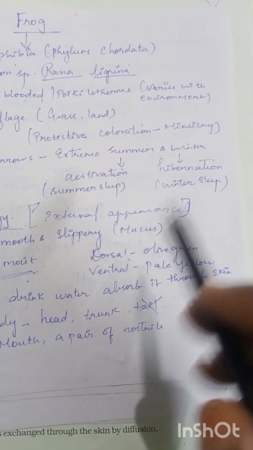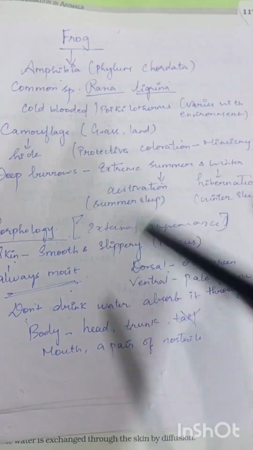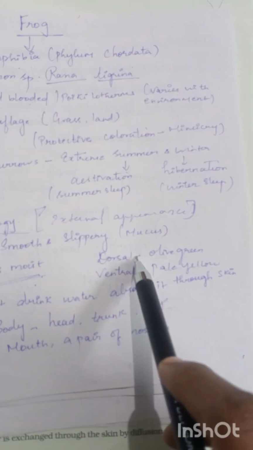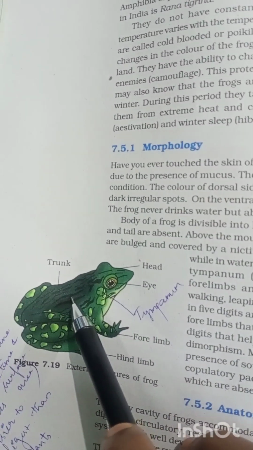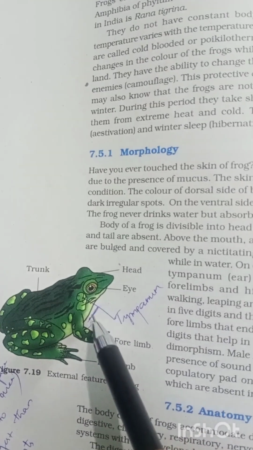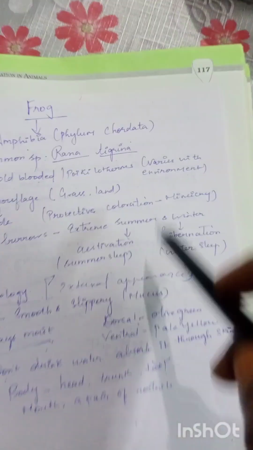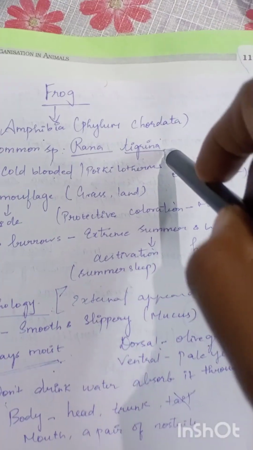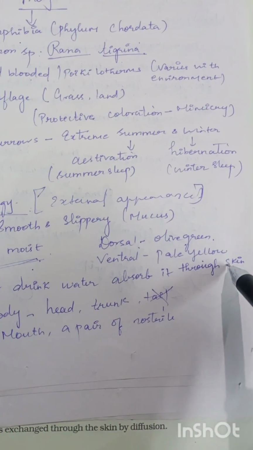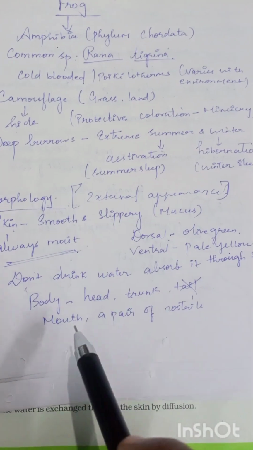It has an upper and lower portion, the dorsal and the ventral portion. The dorsal upper portion of the common frog, Rana tigrina, is olive green in color, and the ventral portion is pale yellowish in color.